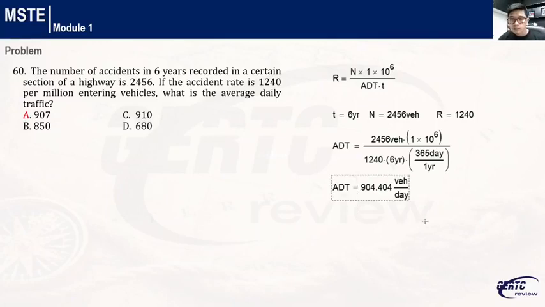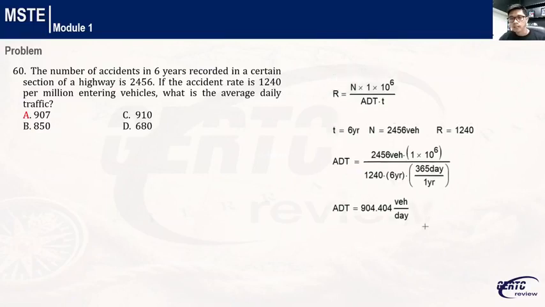Check ko muna yung given natin na baka may mali na naman ako dito. 2456, 1240. 1 year is equivalent to 365 days. 904. So, 904 yung sagot natin. 907 yata ito dito. Okay, well anyway, napakaliit lang yan. 904 siya dapat.